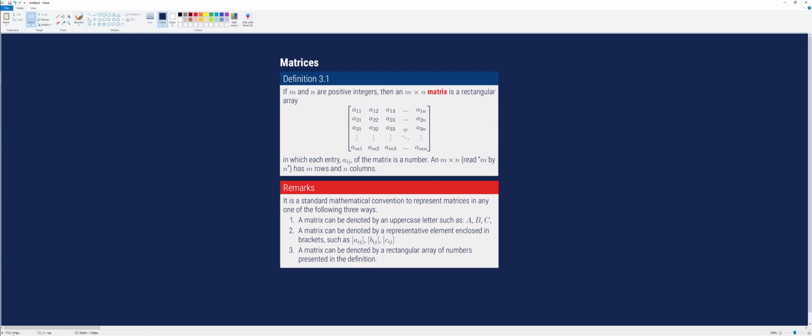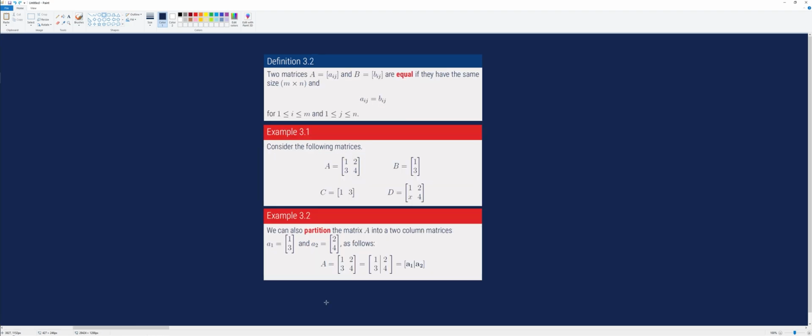First, a matrix can be denoted by an uppercase letter such as A, B, C, and so on. A matrix can be denoted by a representative element enclosed in brackets such as A sub ij, B sub ij, and C sub ij. A matrix can be denoted by a rectangular array of numbers such as this one.